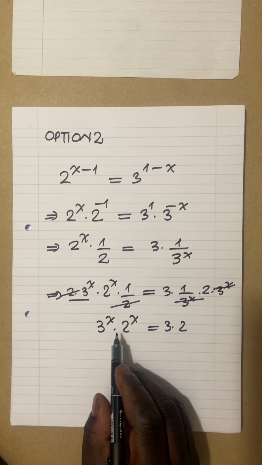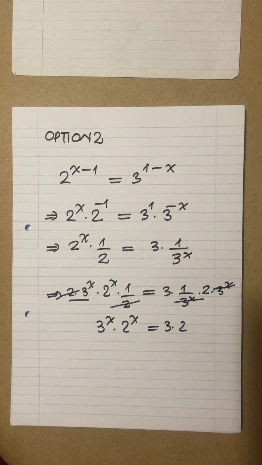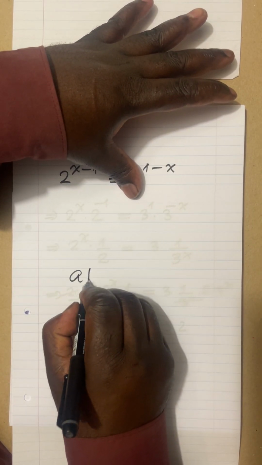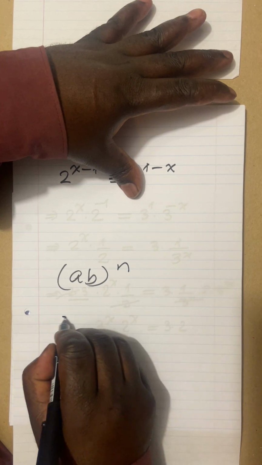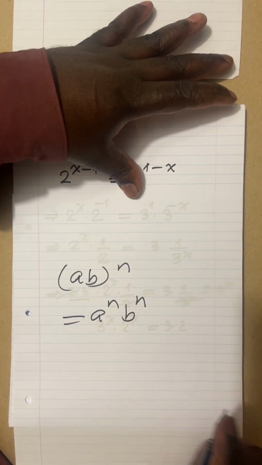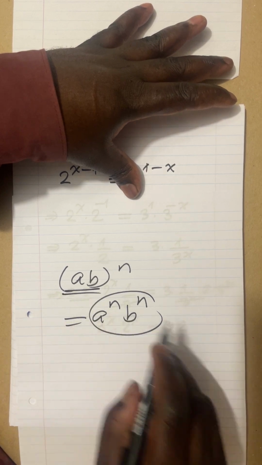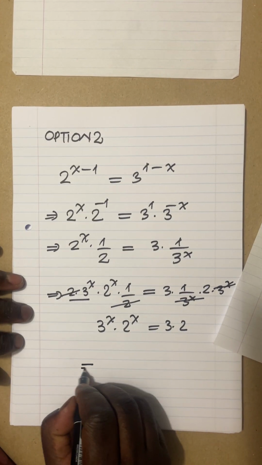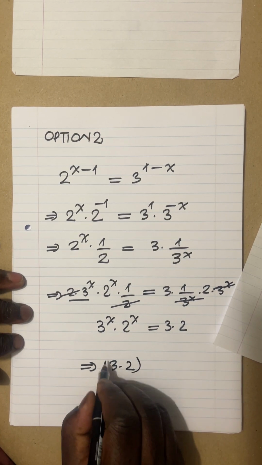Now laws of exponents, remember we say the following. We say that when you have a b power n, the answer is a power n, b power n. And so when you have this form, you can easily get back to that form. And this is what we see here. So the left-hand side becomes 3 times 2 all power x.